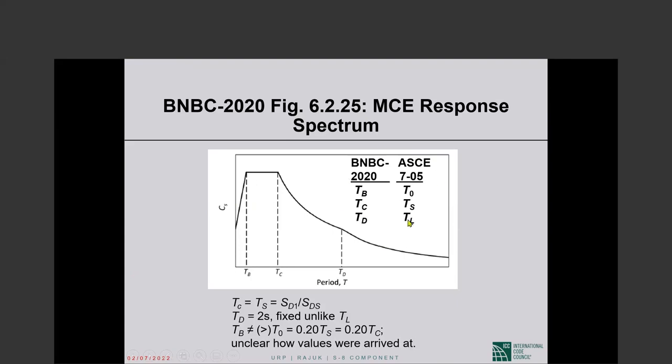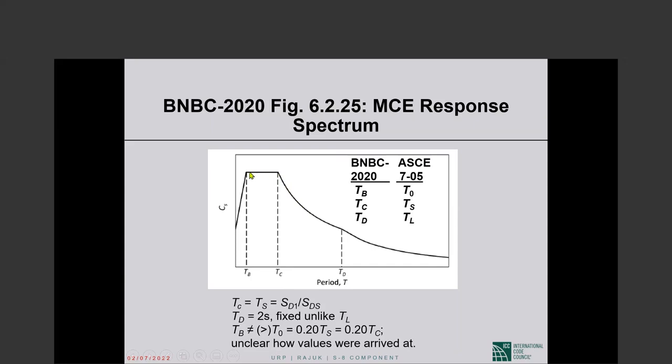I have shown you all of this also, that T sub B corresponds to T sub 0 of ASCE 7, T sub C corresponds to T sub S, T sub D corresponds to T sub L. Now the T sub C is exactly equal to the T sub S of ASCE 7-05, and both are equal to S sub D1 divided by S sub DS, because at this point the S sub DS has to be equal to S sub D1 by T.